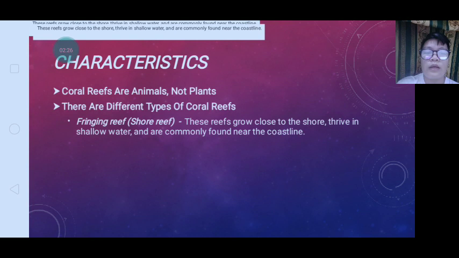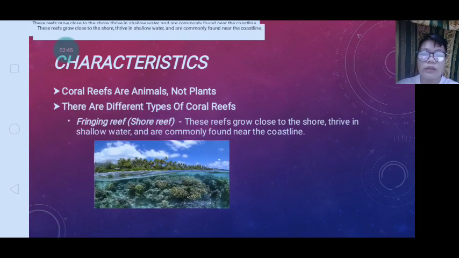They also give rise to fringing lagoons as the corals close to the shore erode over time to form a bowl-like depression. A famous fringing reef is in the Red Sea.